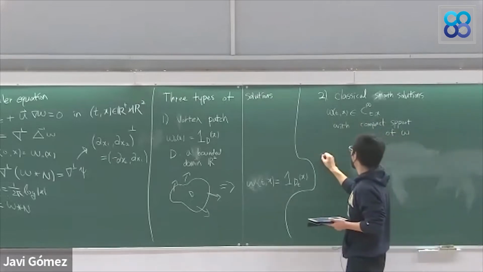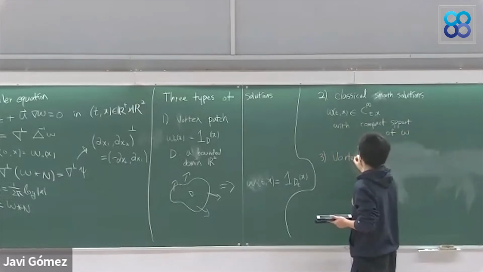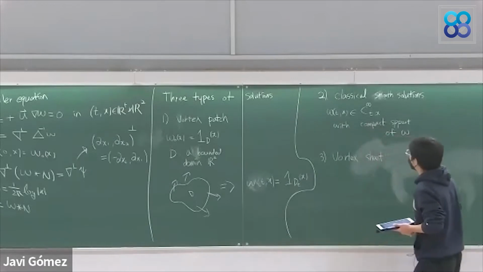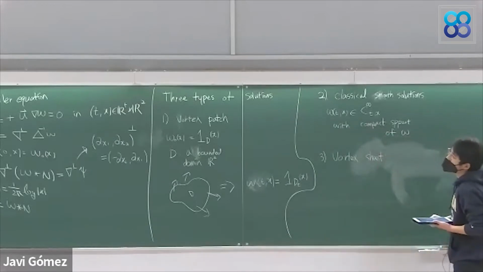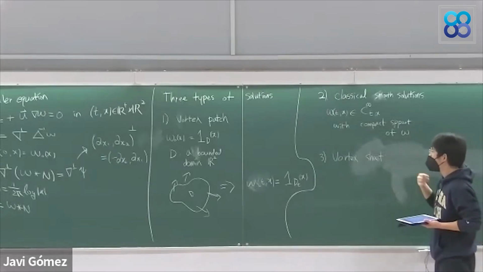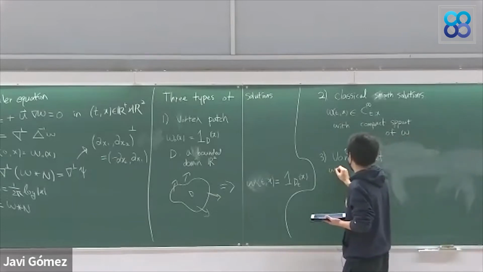And the third type of solution is what is called the vortex sheet. I'm not going to talk about this type of solution right now, but when we get to this point, I will explain more details. But this is a weak solution.